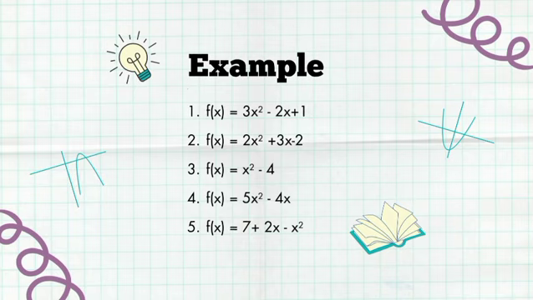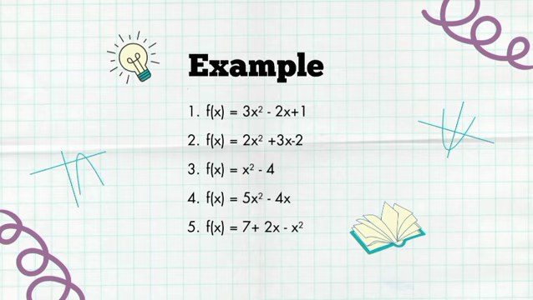And next, f(x) equals 5x squared minus 4x. Here, a equals 5, b equals negative 4, and c equals 0 because there is no constant term. And finally, f(x) equals 7 plus 2x minus x squared.